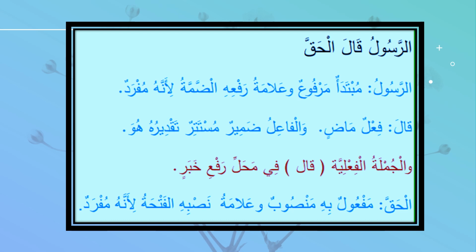Now let's do this. Ar-Rasulu qala al-haq. So Ar-Rasul, as it suggests, is mubtada showing its position by dhamma. Qala is coming as a full jumla fi'liyya as a khabar to Rasul. So qala is fi'l madi. Rasul, you know, is mubtada marfu. Qala fi'l madi and fa'il is damir mustatir and it's taqdiruhu huwa. So for the fa'il, if you don't find any noun with dhamma, know that it's hidden in qala past tense, and it is for the singular masculine.